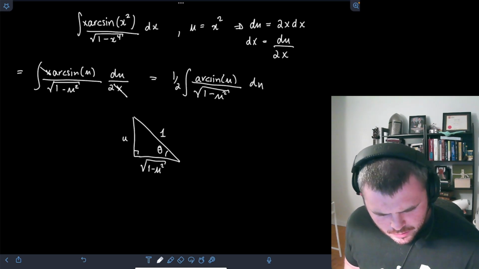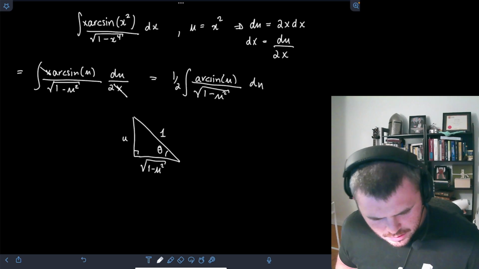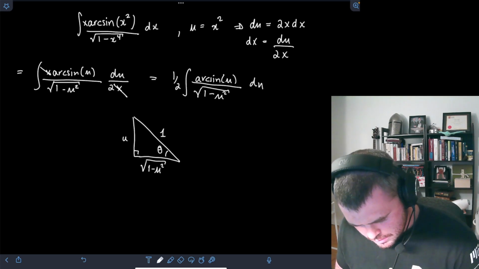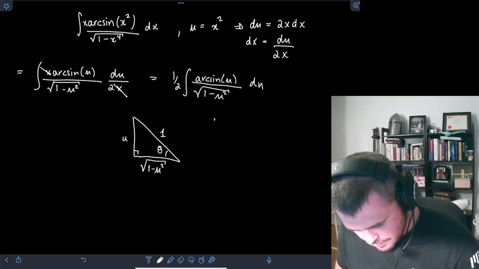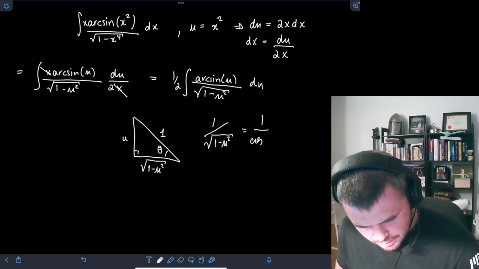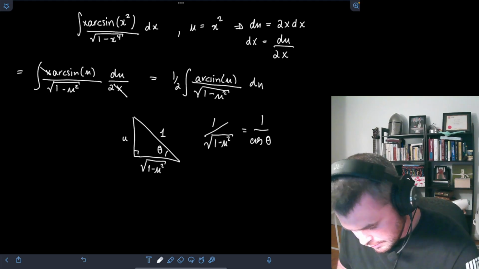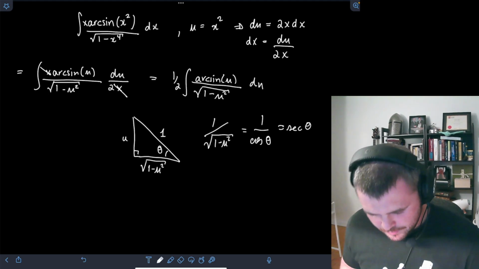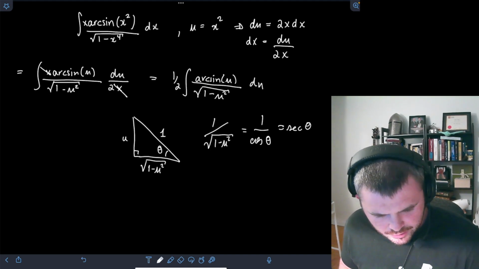So what do we do with this? Well, what we can say is that 1 over the square root of 1 minus u squared is equal to 1 over cosine of theta, or secant theta, right? That's the first identity we can find.